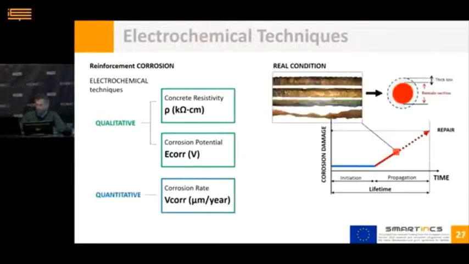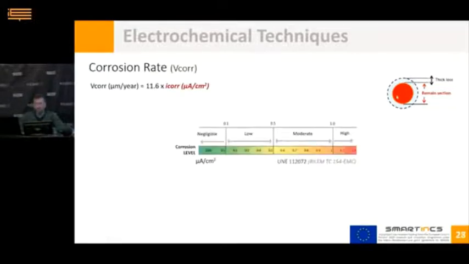Okay. The corrosion rate is the parameter through which to quantify the corrosion process. That means to determine the deterioration rate of the reinforcement by corrosion, that is, the rate at which the rebar section is being lost. The corrosion rate is expressed as loss of thickness in micrometers per year.